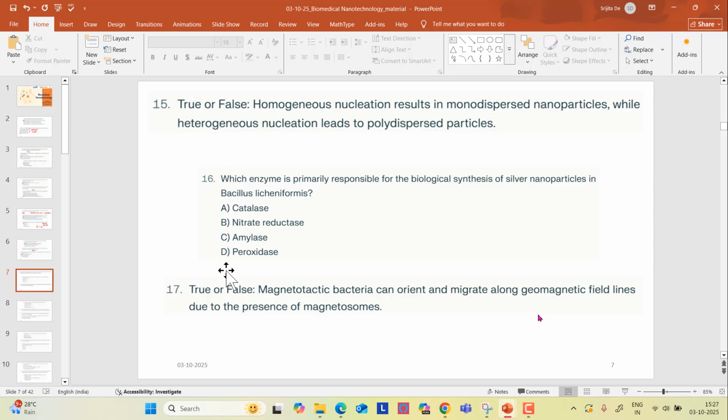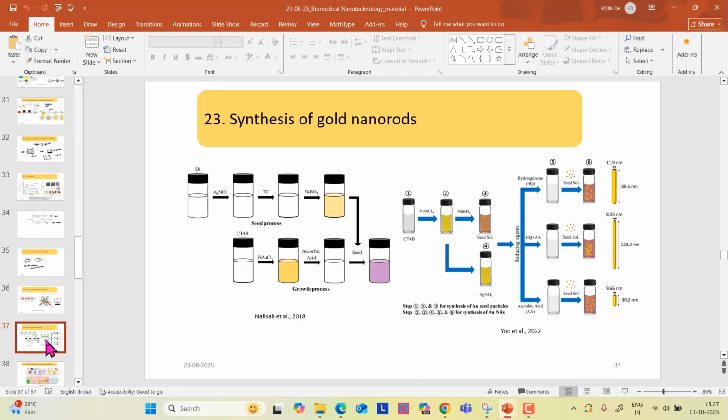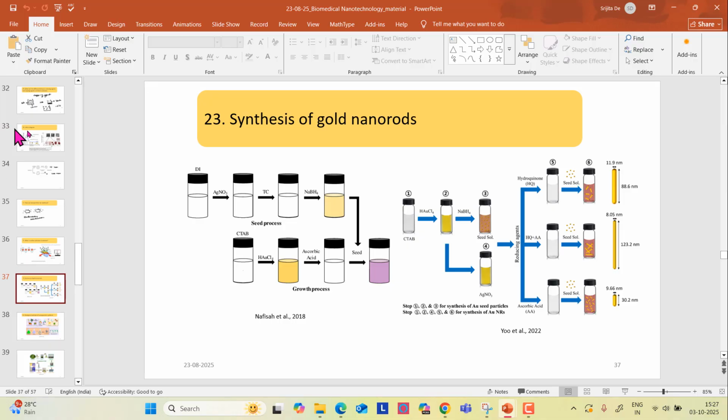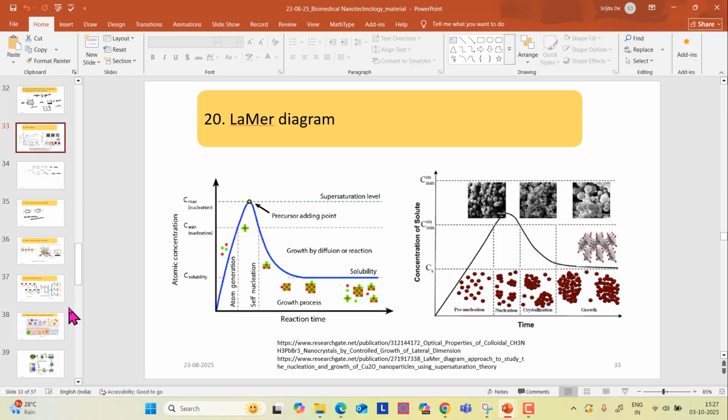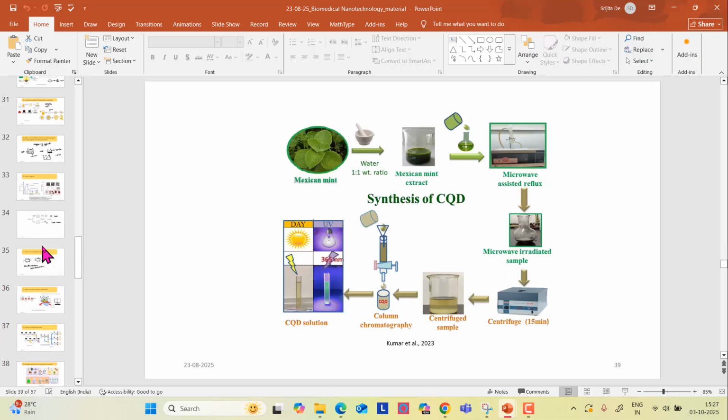Next, homogeneous nucleation results in monodispersed nanoparticles, while heterogeneous nucleation leads to polydispersed particles. True or false? So what are these monodispersed and polydispersed particles?